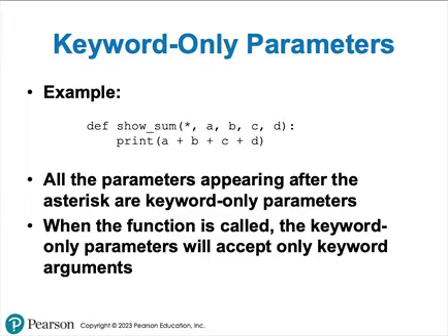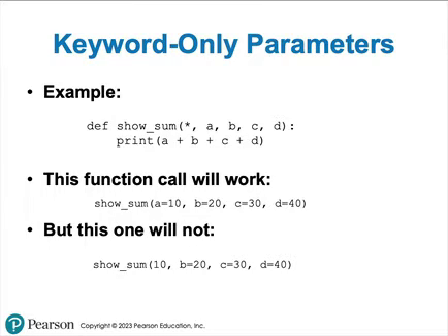So here, because you have that star comma at the beginning of the parameter list, it's saying that this function show sum will take keyword only parameters. An example of this would be this. I'm actually going to have to say A equals some value, B equals some value, C equals some value, and D equals some value.